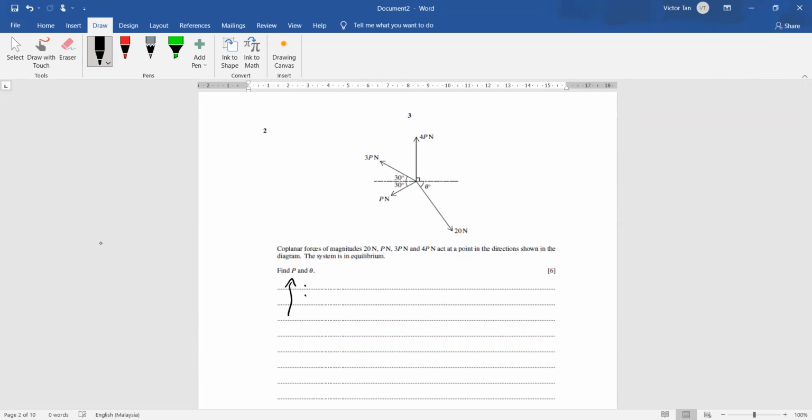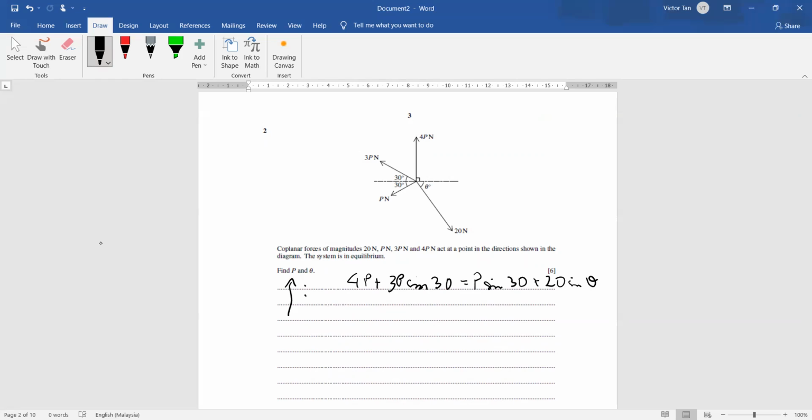Taking vertical forces, resolving vertically. Upwards, it is 4P plus 3P sine 30 equals P sine 30 downwards plus 20 sine theta.